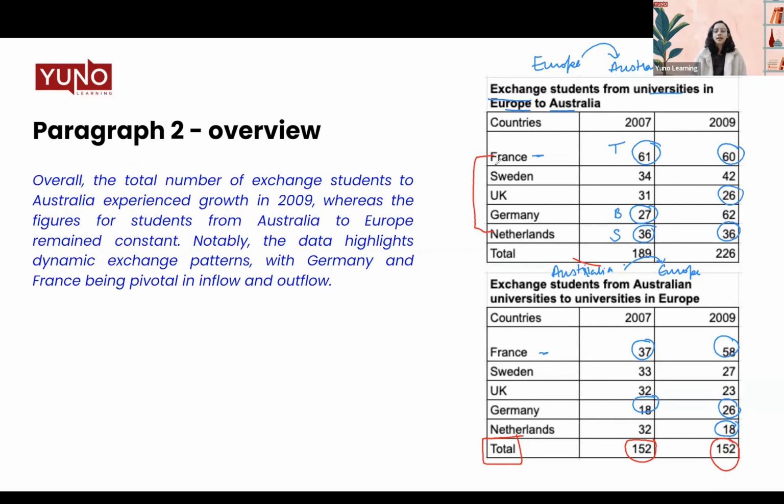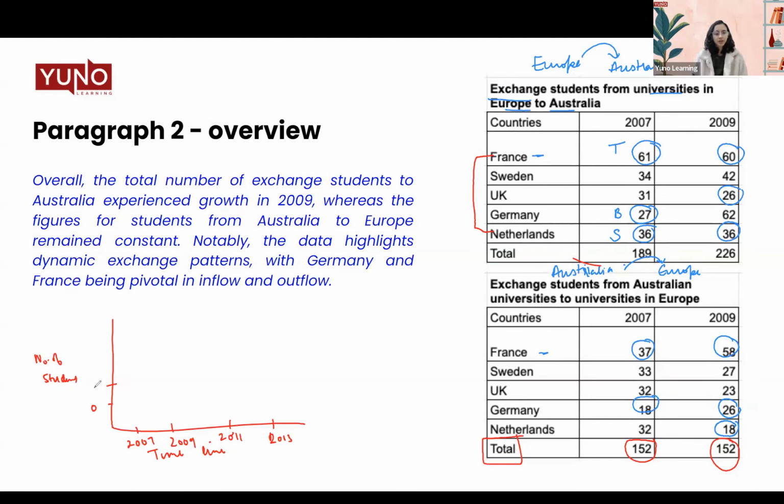Now, for you to understand this better, have a look here. If this is a line chart, let's say this is the timeline: 2007, 2009, 2011, and so on. And then this is, let's say, number of students. This is not related to this particular data, but I'm just giving you an example.